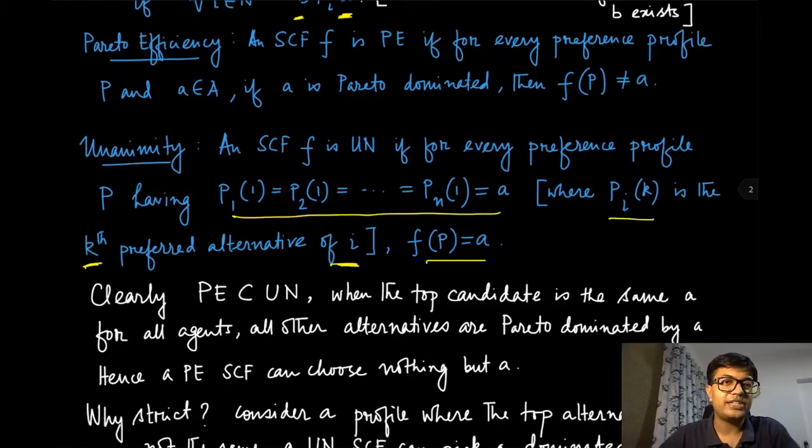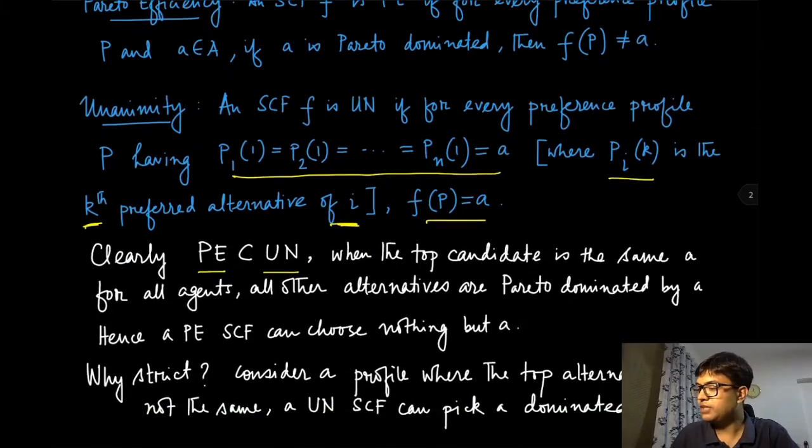Now we can actually start drawing a relationship between Pareto efficiency and unanimity already. So we observe, and I claim, that Pareto efficiency implies unanimity. What does that mean? That if we have a Pareto efficient social choice function, that should also be unanimous. Why is that?